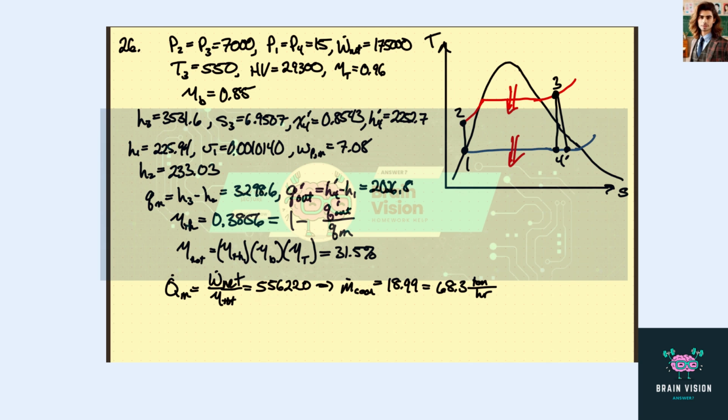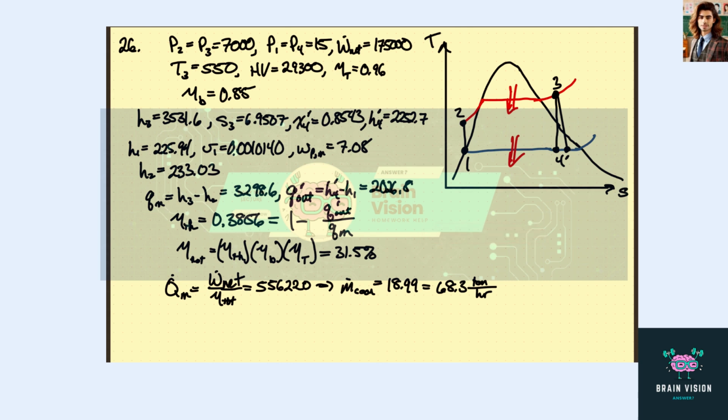We were asked to figure out the rate of coal that is being consumed. So we can take this and divide it by the heating value, which gives us essentially the mass flow rate of coal. Obviously it's not really a flow of coal, although you could think of it as being on a conveyor belt.